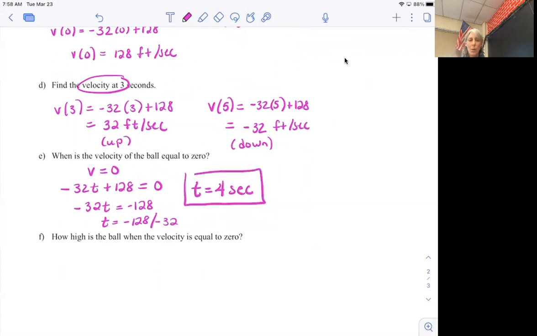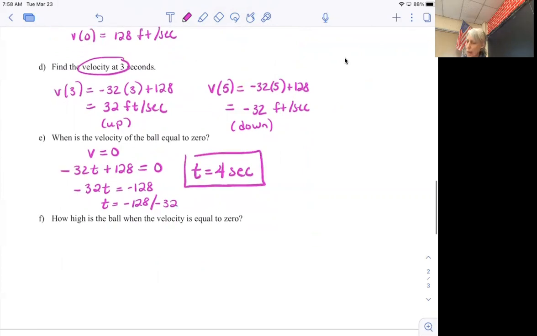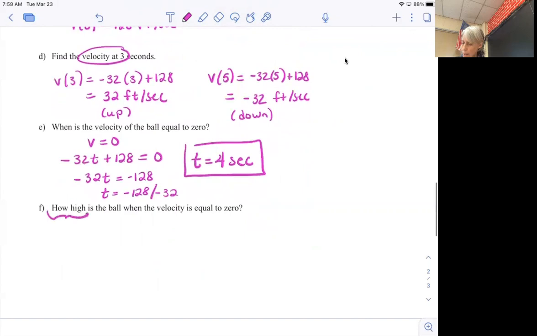How high is the ball? How high is position? So if we want to see how high the ball is when the velocity is equal to 0, we're going to plug 4 into the position function, because the S function gives us position.